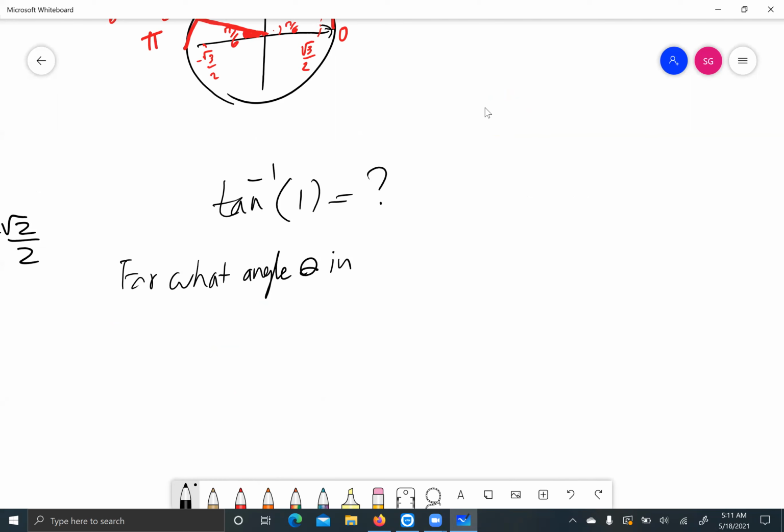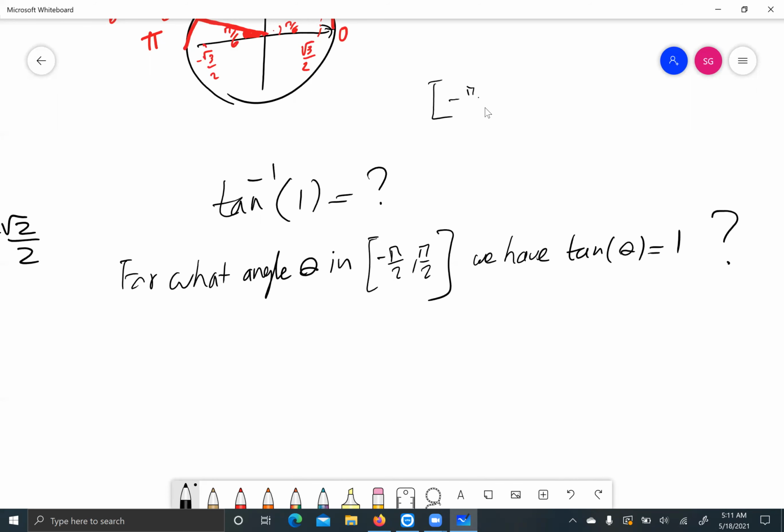The domain of tangent inverse was negative pi over 2 to positive pi over 2. We have tangent of that angle is 1. That's the question.